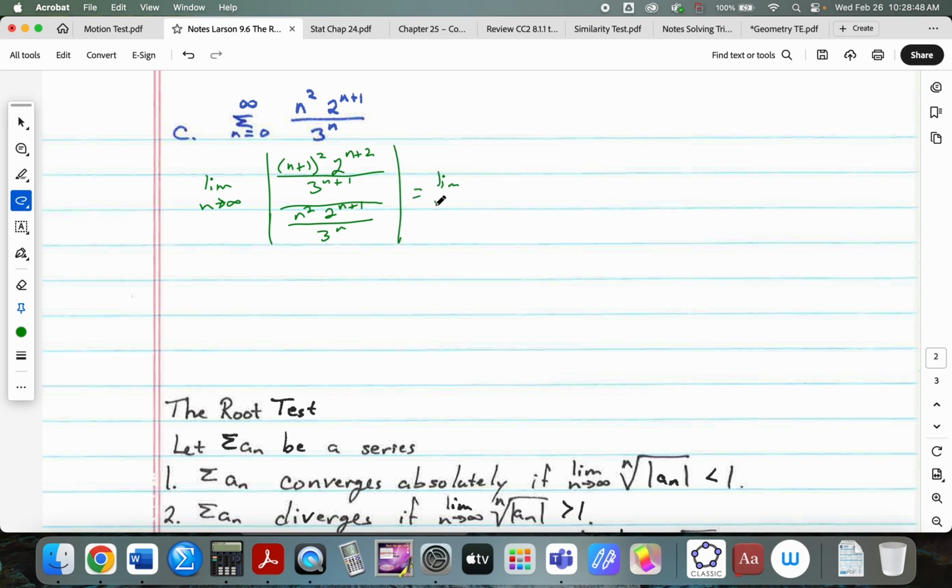So that'll be the limit as n goes to infinity. The n plus 1 squared divided by the n squared, I'm not going to do anything with that just yet.